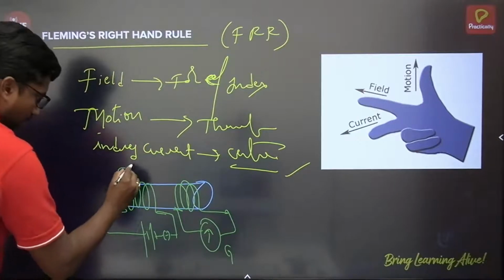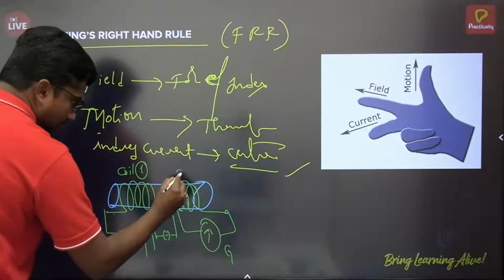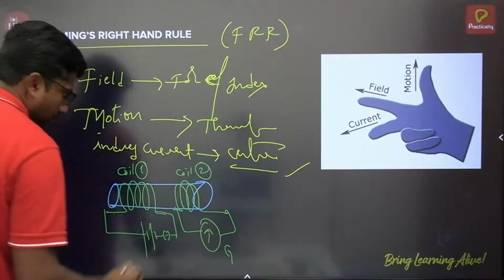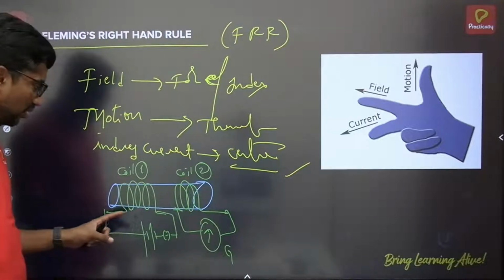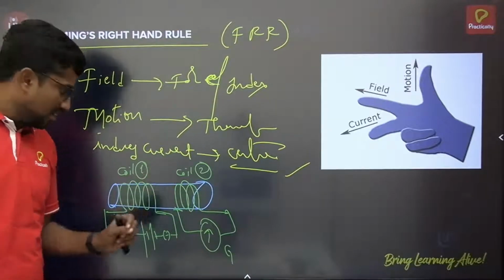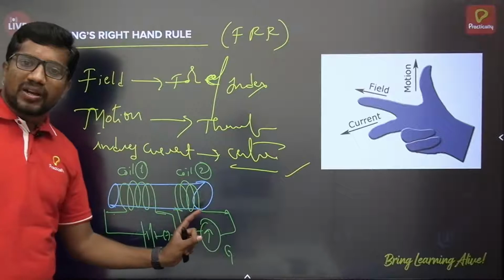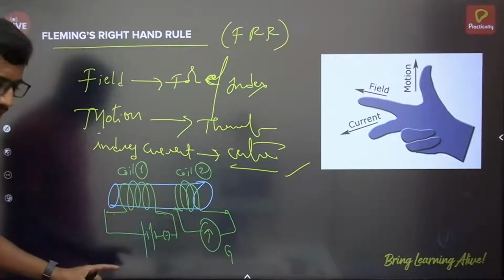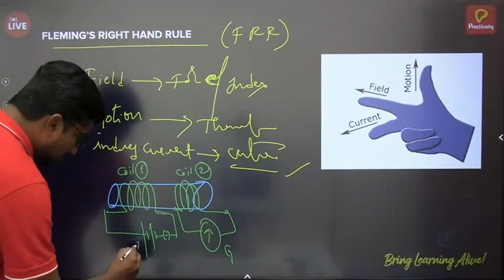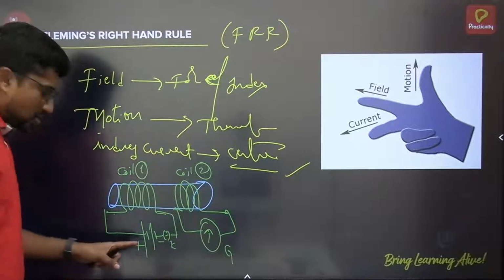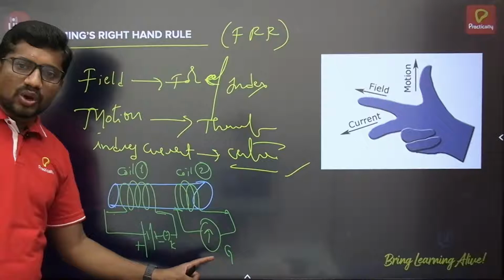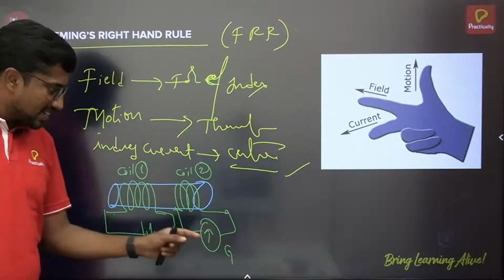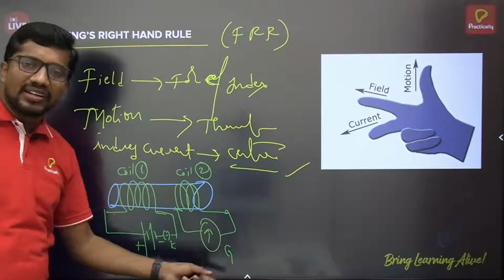This is coil 1, this is coil 2, wrapped on a paper cylindrical roll, which is a non-conducting material, and the coils are placed side by side. Coil 1 is connected to a voltage source, say a battery, and in coil 2 there is no voltage source. It is just closed with a galvanometer.